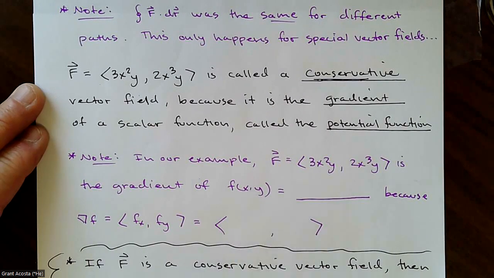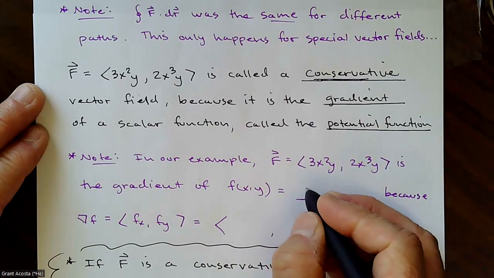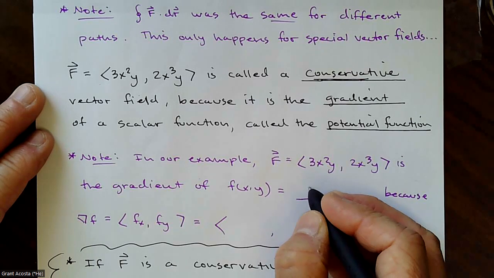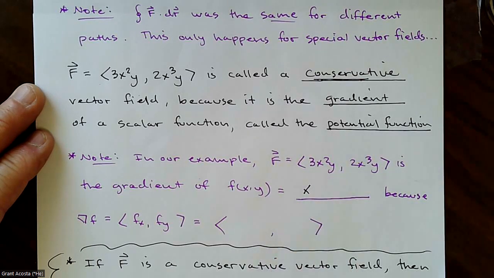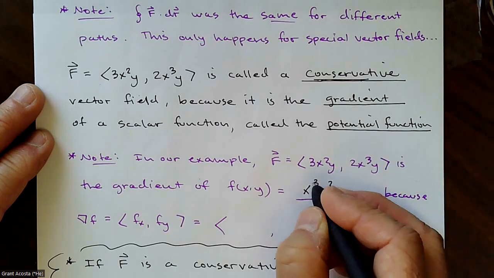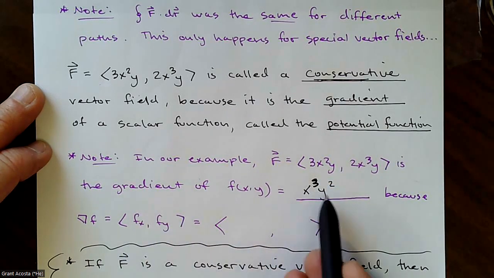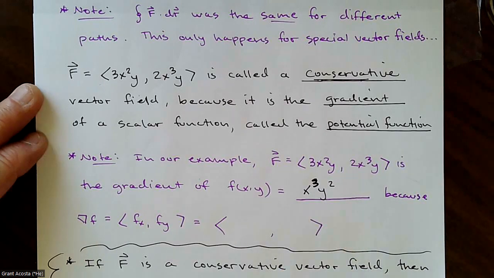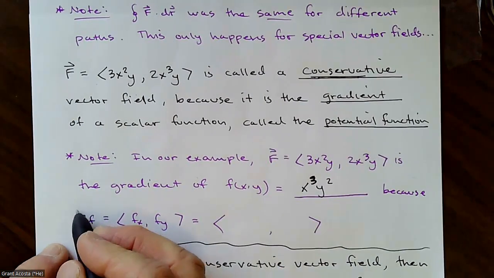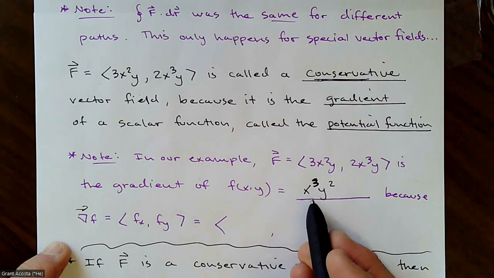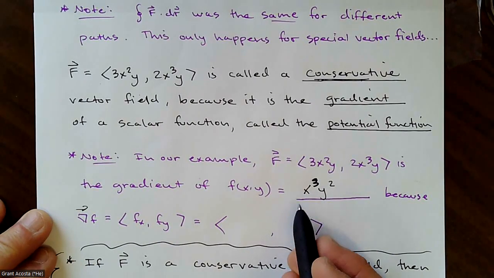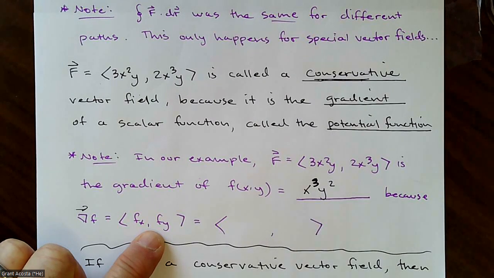If I gave you the function, it's probably easier to think backwards at the beginning here. If I gave you a function of x and y, which was x cubed y squared, and I asked you to find the gradient of that function, remember that the gradient is a vector, which is made up of your partial derivative with respect to x and your partial derivative with respect to y.